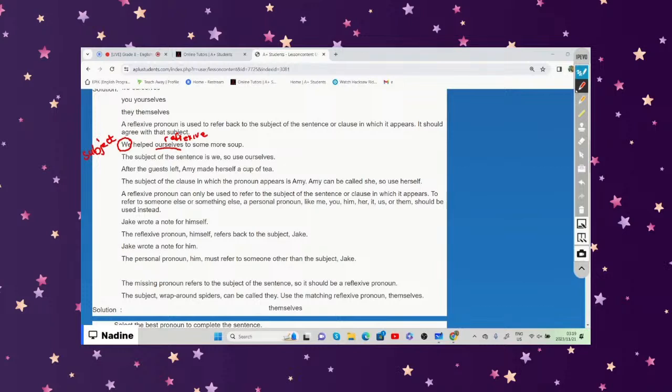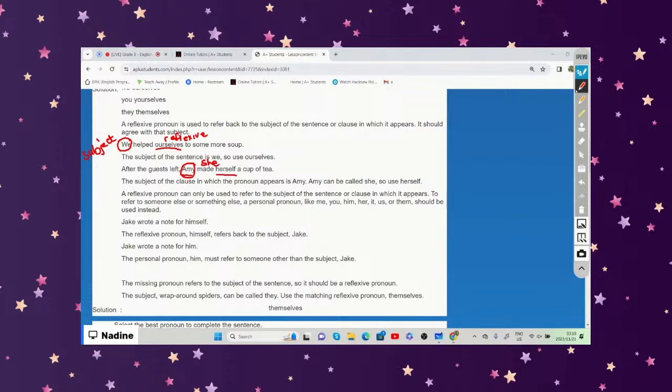And after the guest left, Amy made herself a cup of tea. So Amy and herself. And over here it says the subject of the clause in which the pronoun appears is Amy. And like we said, Amy is basically just the noun, but Amy can also be called she.